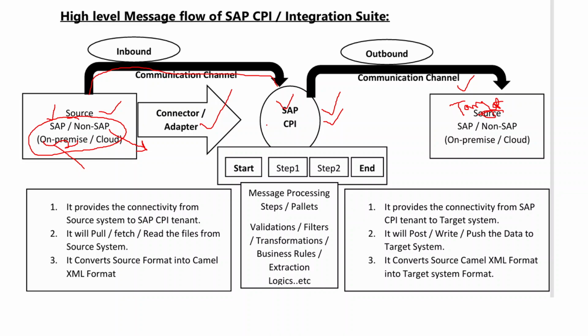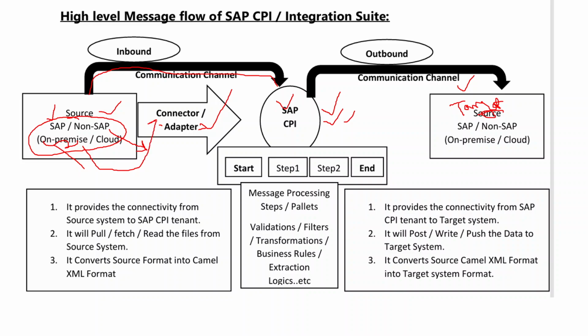Now there is one more obstacle here. The integration suite is a cloud-based platform. On-premise application means it resides somewhere on-premise. With the help of direct adapters, we will not be able to communicate with the on-premise application.